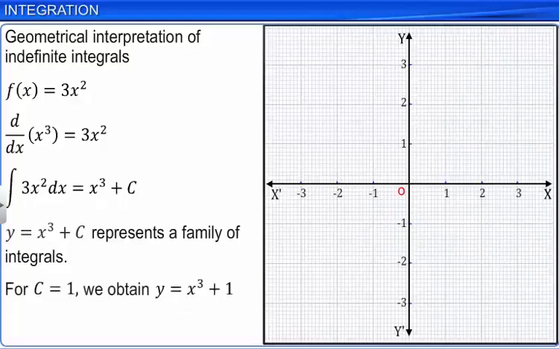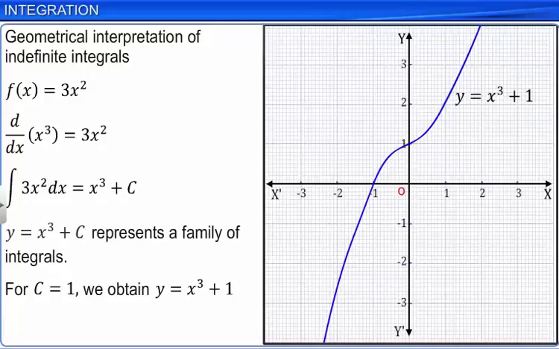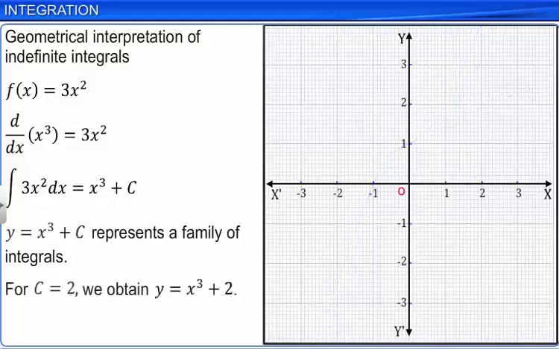The curve is obtained by moving the graph of y is equal to x cube 1 unit along the y-axis in the positive direction. For c is equal to 2, we have y is equal to x cube plus 2. The graph is as shown here. For c is equal to minus 1, we obtain y is equal to x cube minus 1.